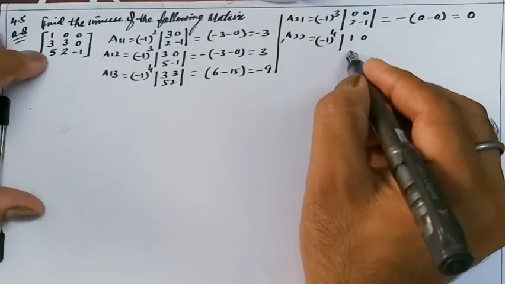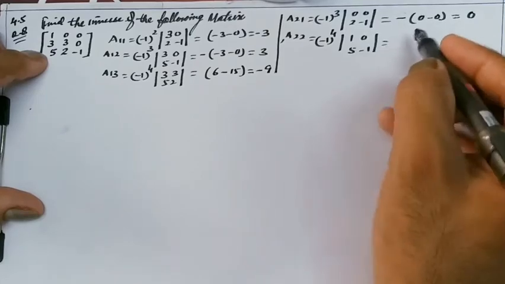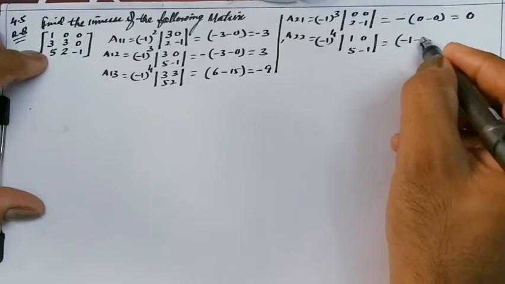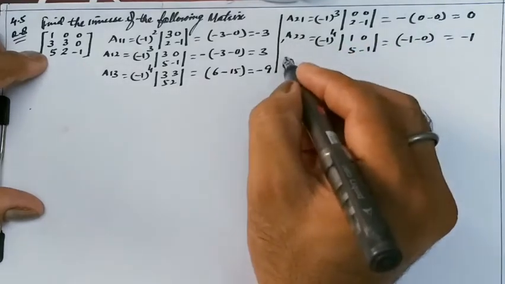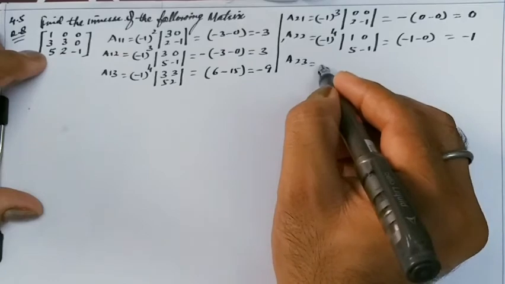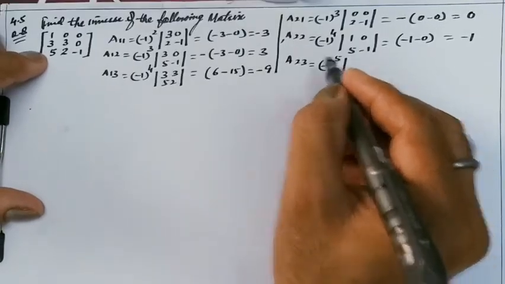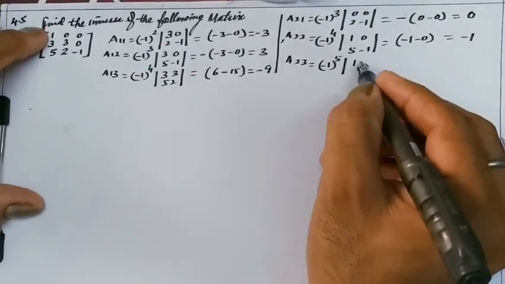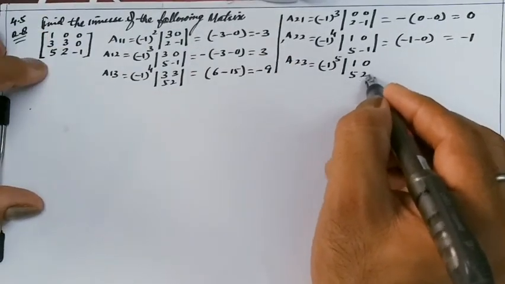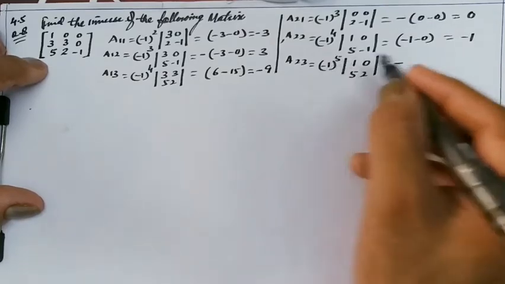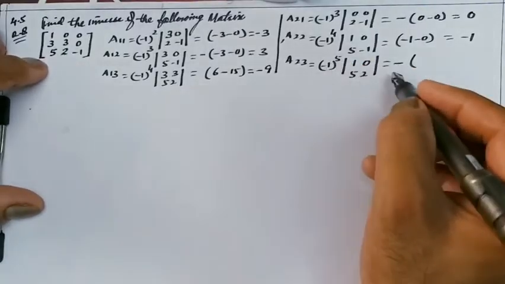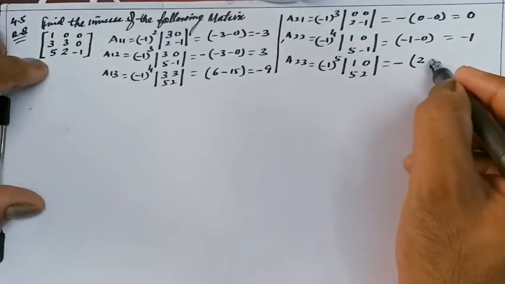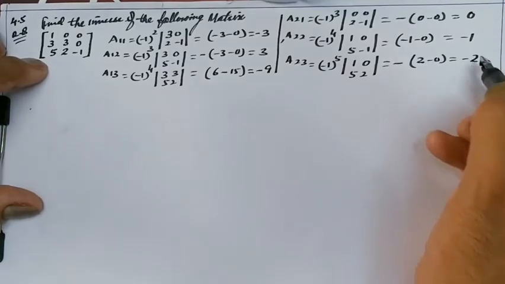This minus 1 to the power 4 is positive, and minus 1 minus 0, which is equal to minus 1. And a23 is equal to minus 1 to the power 5, leaving this way, 1 0, 5 2, this thing negative, and then 2 minus 0, which is equal to minus 2.